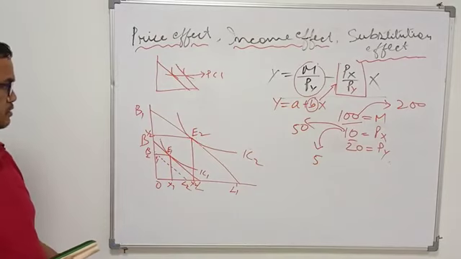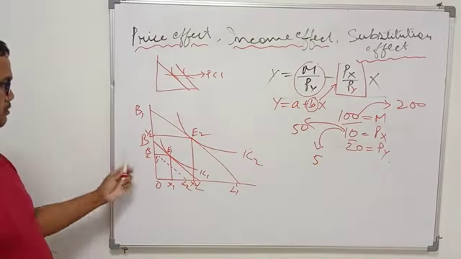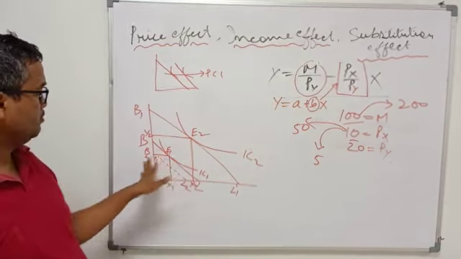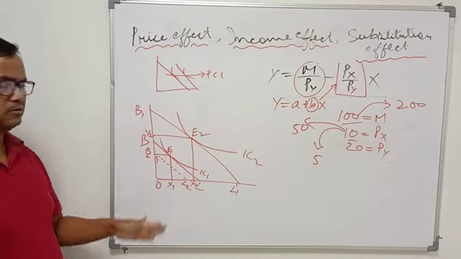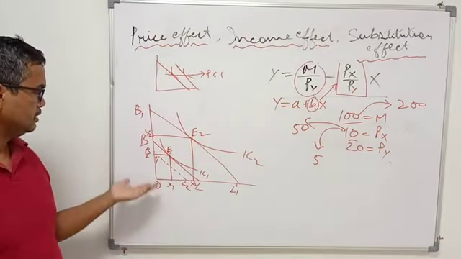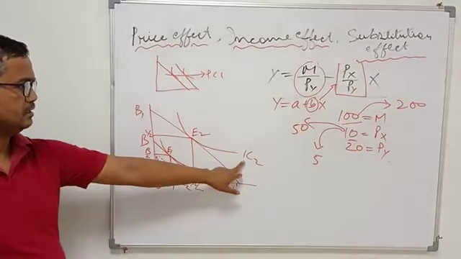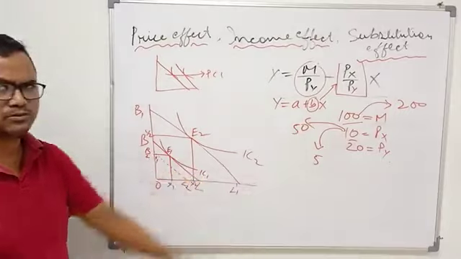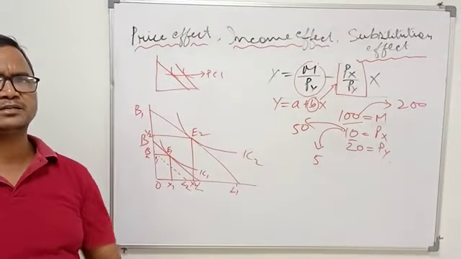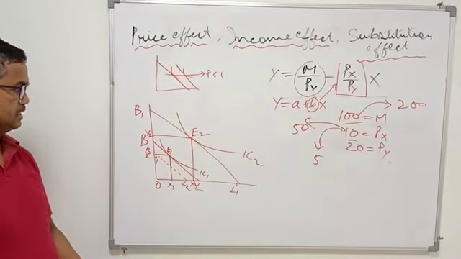Yes or no? By consuming more of both the commodities, the consumer's satisfaction level will be more, so it will be represented by the higher indifference curve IC2. As you know, a higher indifference curve represents a higher level of satisfaction.